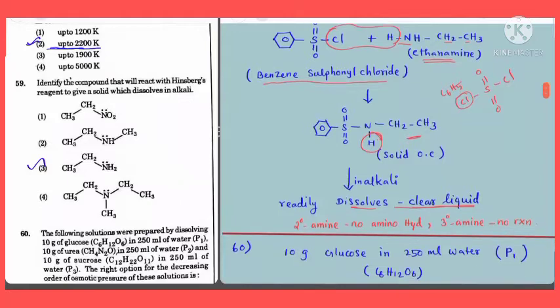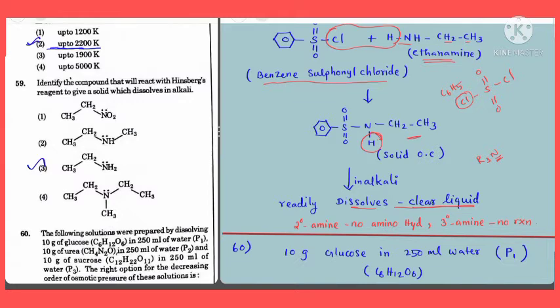Whereas in a tertiary amine, formula R3N, there is no hydrogen at all on nitrogen, so a tertiary amine cannot react with this Hinsberg reagent. A secondary amine can react with Hinsberg reagent, but after removal of hydrogen from the amino group the product doesn't carry any hydrogen, so it does not react with alkali and does not give a clear liquid.